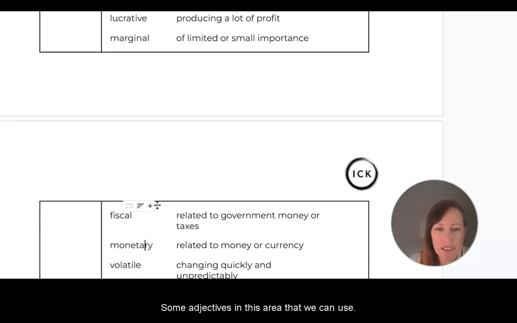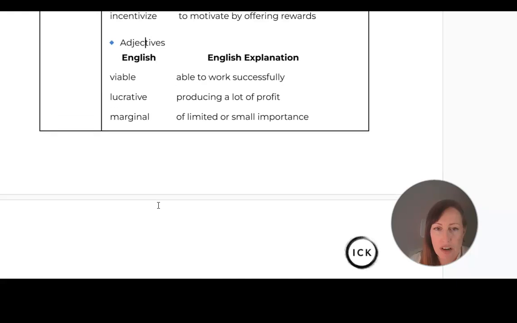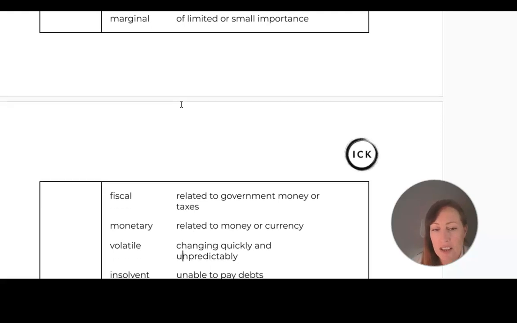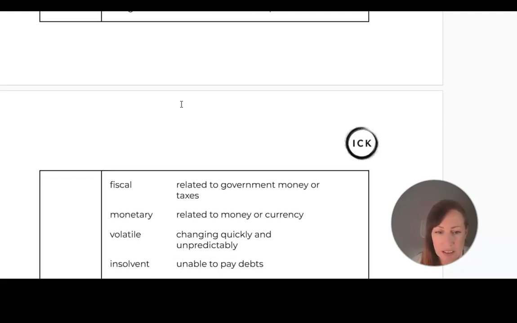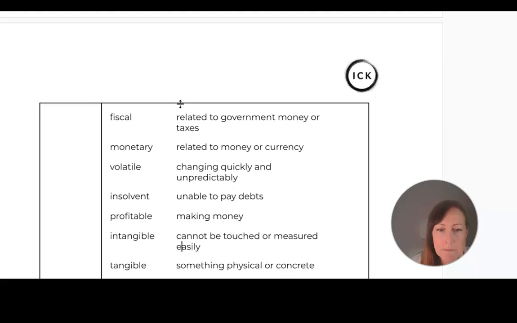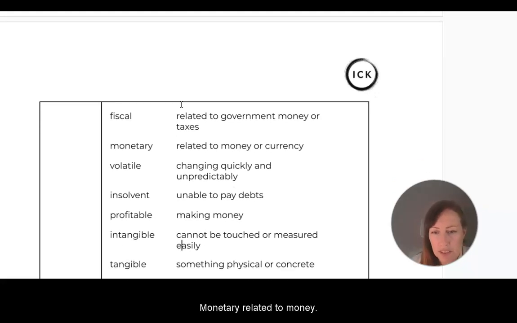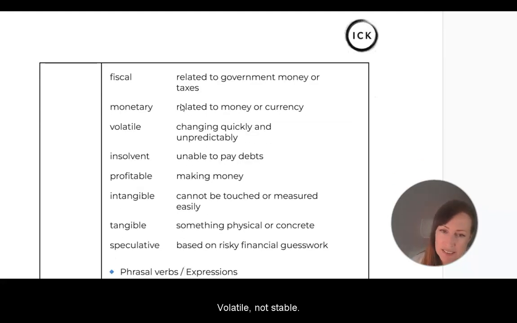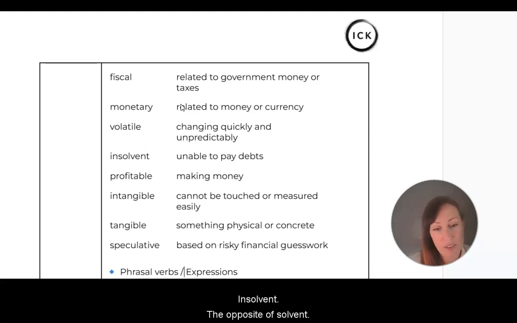Some adjectives in this area that we can use are viable. It's a viable option. Lucrative. It's profitable. Marginal. Limited. Marginal profits. Fiscal, related to money. Related to government money. Monetary, related to money. Volatile, not stable, the opposite of stable. Insolvent, the opposite of solvent.